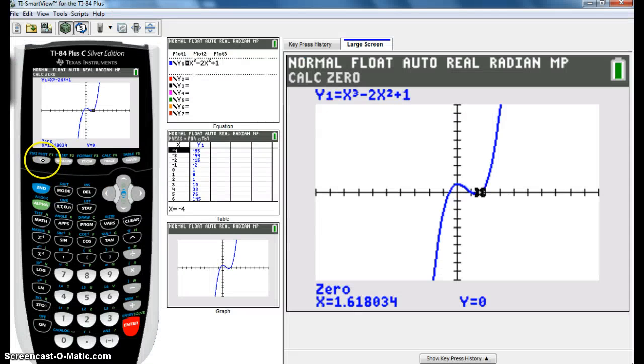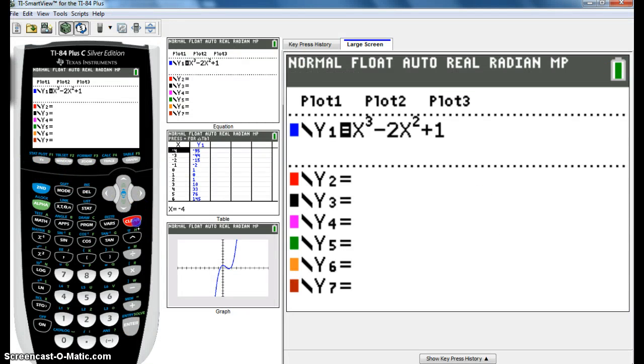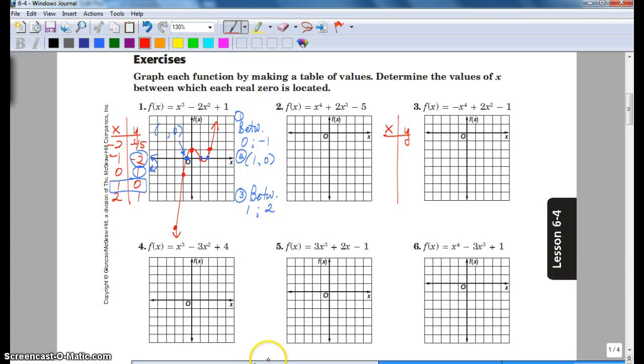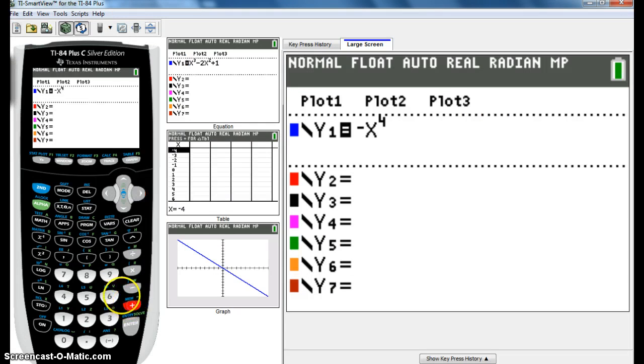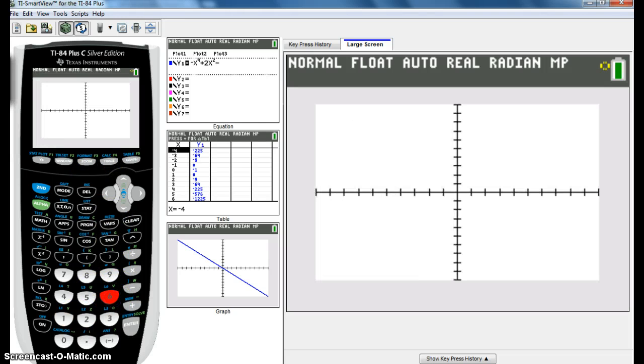So, y equals, let's go ahead and clear this, negative x to the 4th plus 2x squared minus 1. Alright, zoom 6. And here is your quartic.